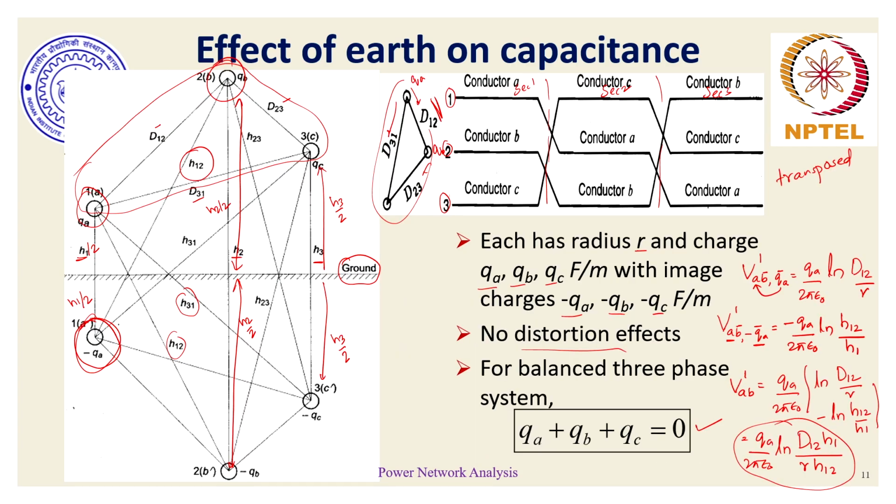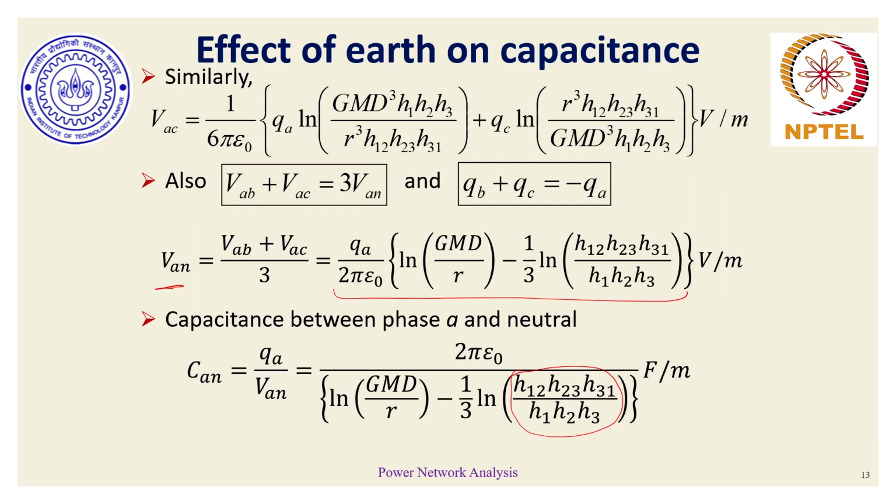It appears that no matter how the tower arrangement is, H31, H23 and H12, their product is obviously, or individually if we compare, these distances are respectively more than H1, H2, H3. It may not be an individual comparison, but definitely these distances are larger than the self distances. So the ratio inside the log term here is more than 1.